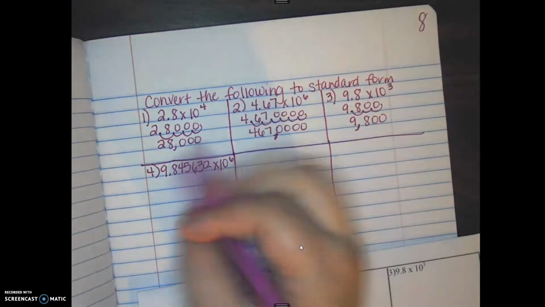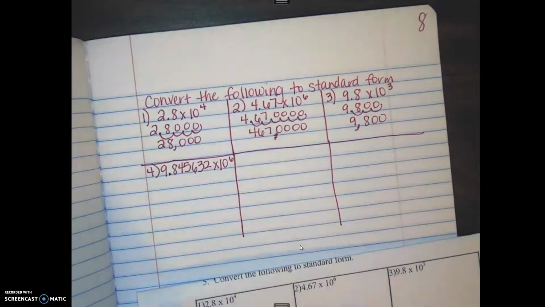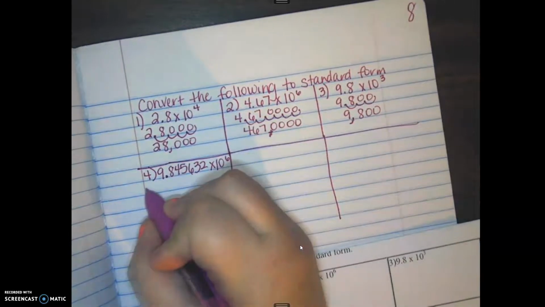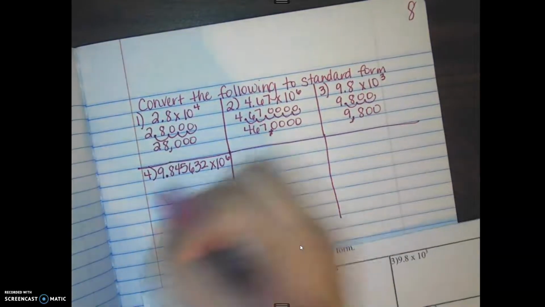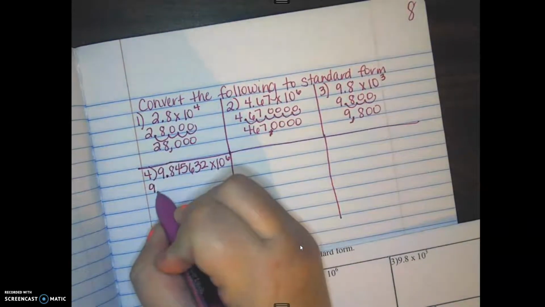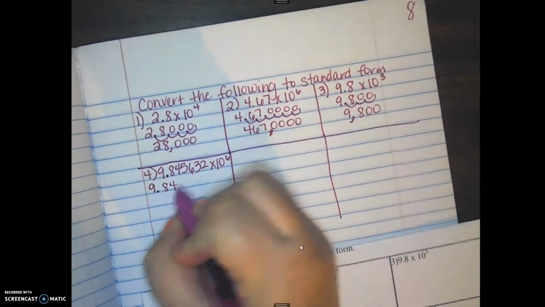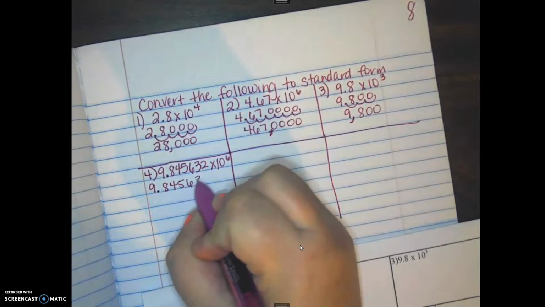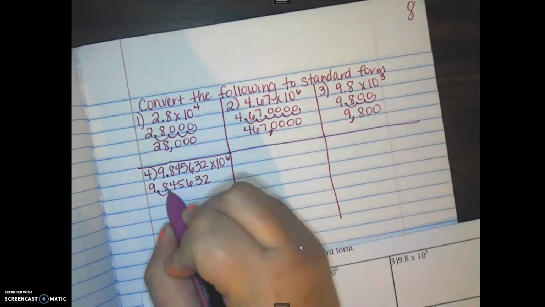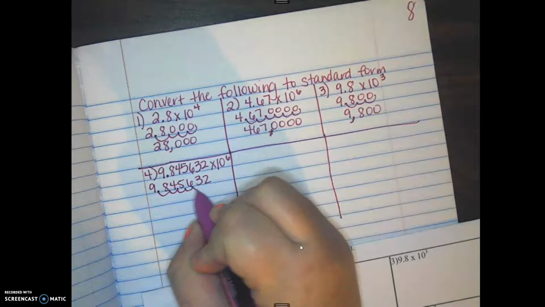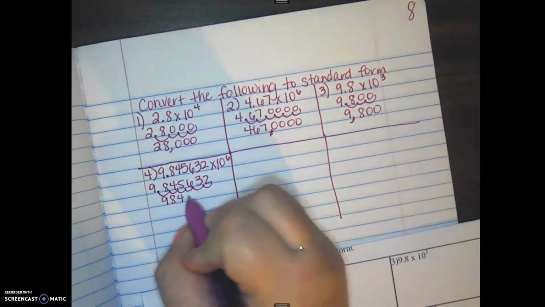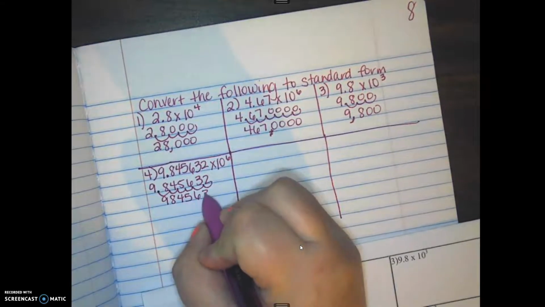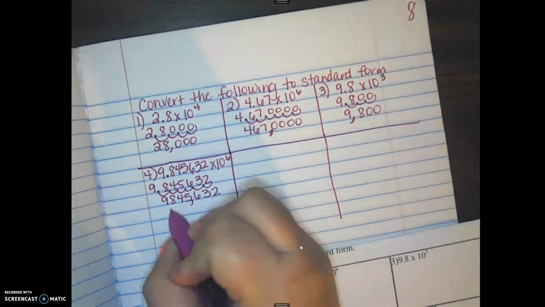That is a lot of digits after that decimal. So let's see. That 6 tells me I'm going to move it 6, and it's positive, so I'm going to go to the right. So write that whole number out again. 1, 2, 3, 4, 5, 6. There's actually no zeros we need to add there.